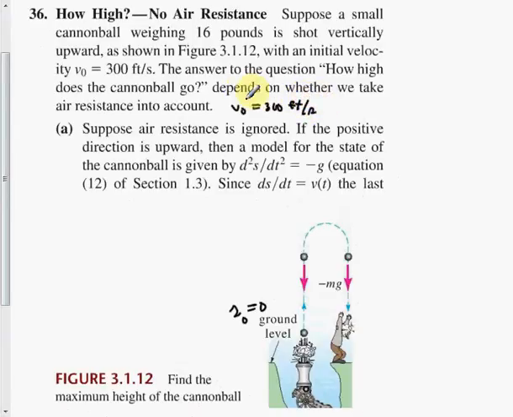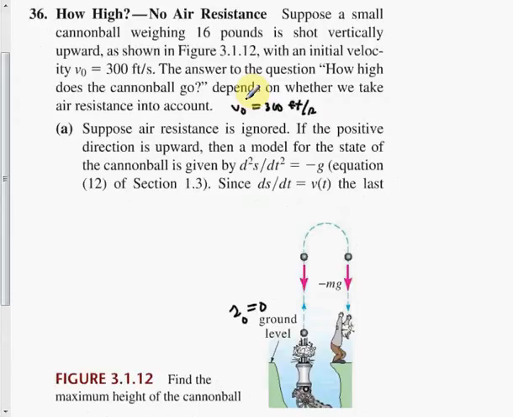The answer to the question, how high does the cannonball go, depends on whether we take air resistance into account. Here, they ignore air resistance, and so our problem is, let's investigate this without considering air resistance, but in the real sense, there is air resistance. And so the next problem, we'll look at configuring air resistance into the problem, and then look at the difference of the answers. So here, suppose air resistance is ignored.